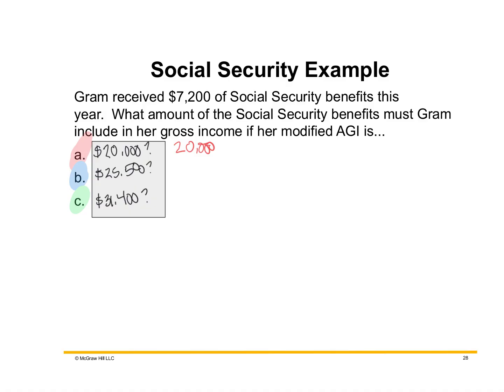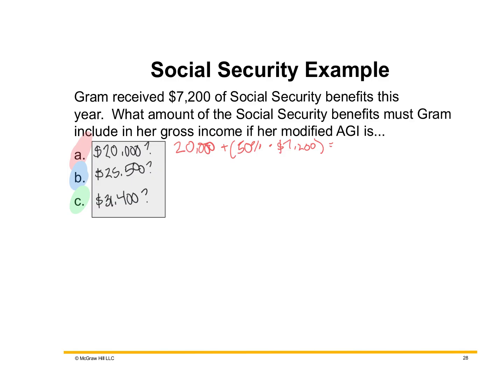Then we want to add 50% of our Social Security benefits of $7,200.